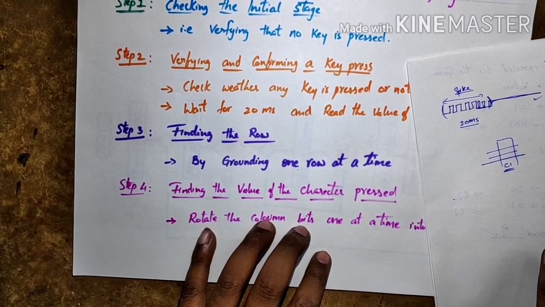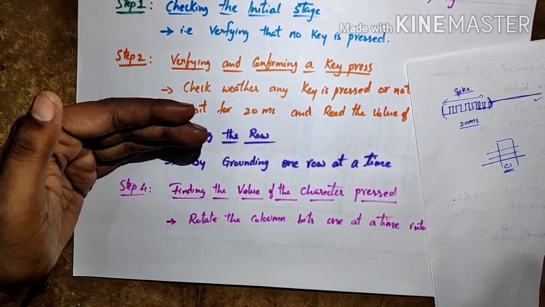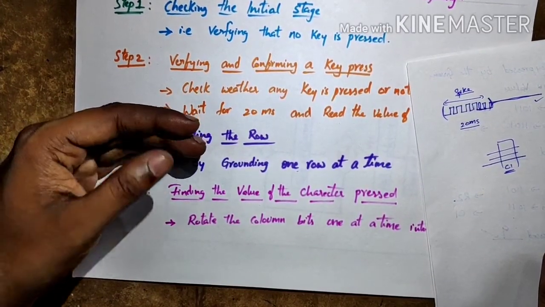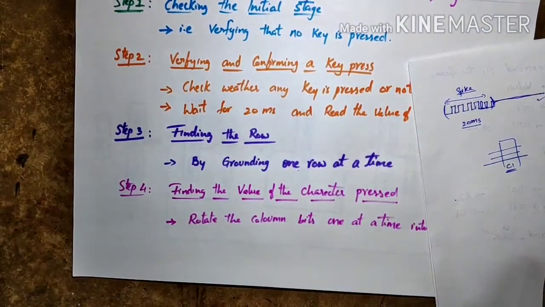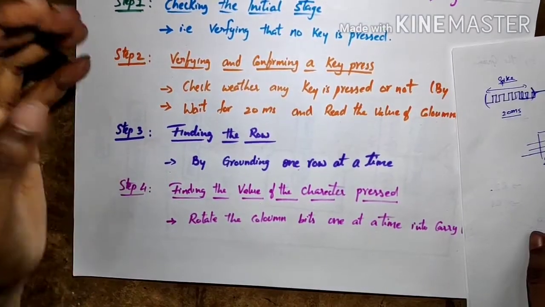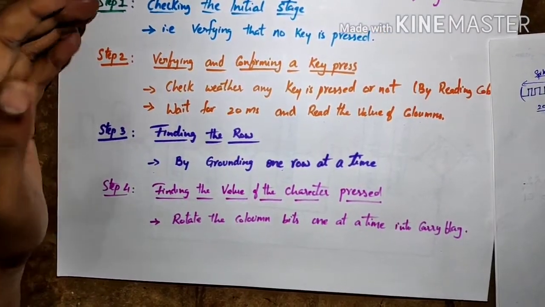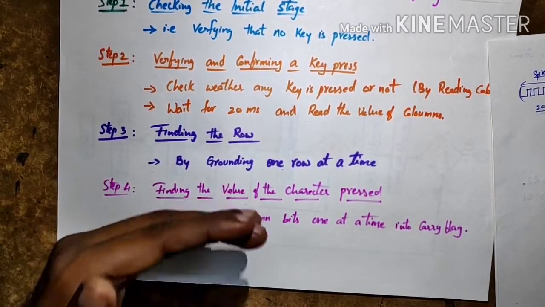After finding the row, we have to fetch the value of that particular character. We already know the column and the row, but it can't directly place the value of the character, so we will have a lookup table. The lookup table holds the ASCII values of the characters available on our keyboard.